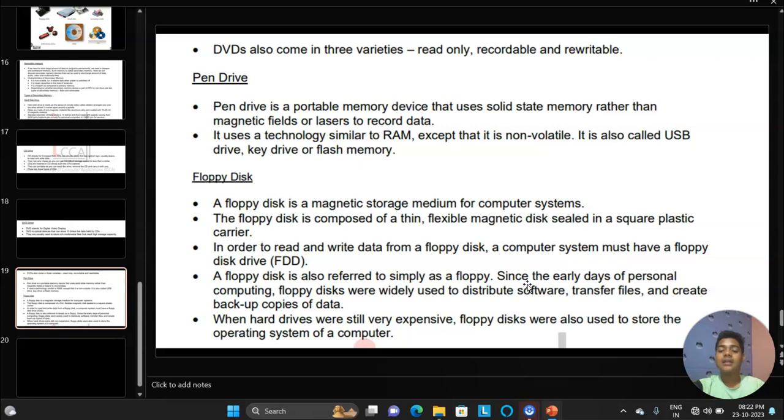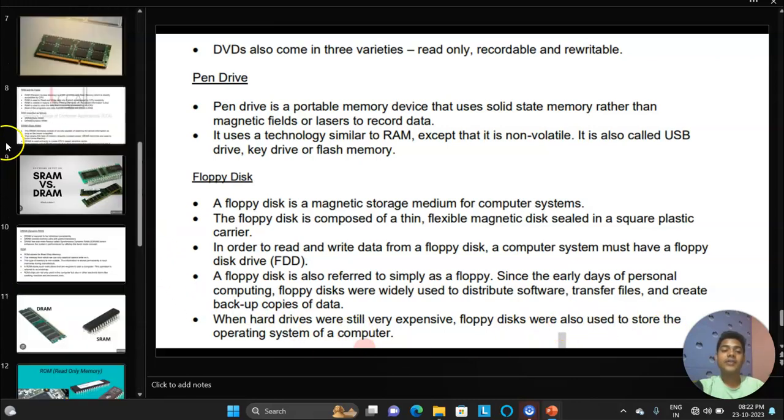Since the early days of personal computing, floppy disks were widely used to distribute software, transfer files, and create backup copies of data, when hard drives were still very expensive. Floppy disks were also used to store the operating system of a computer.